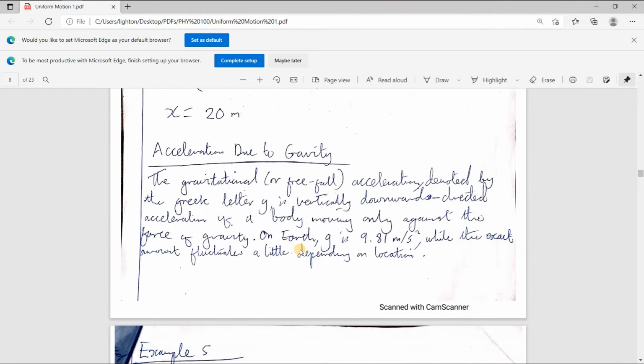So that is gravity. It is always vertically downwards directed with a magnitude of 9.81 meters per second squared.